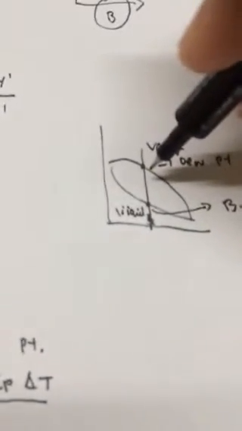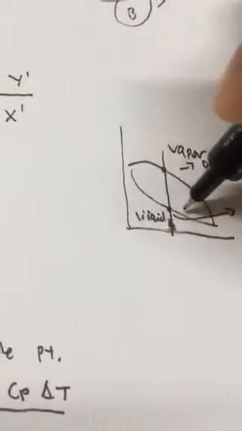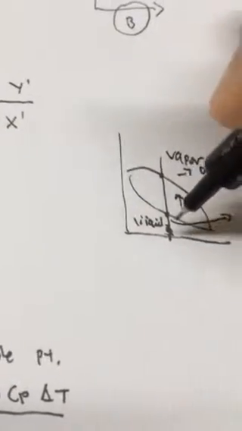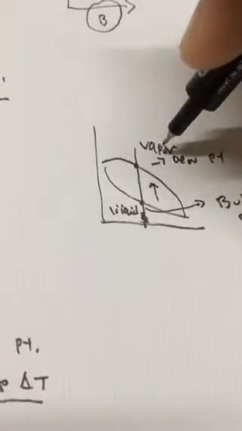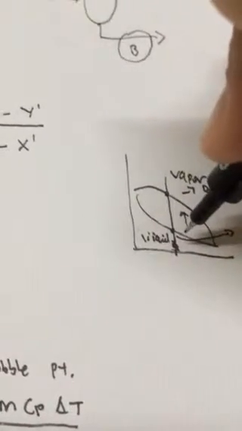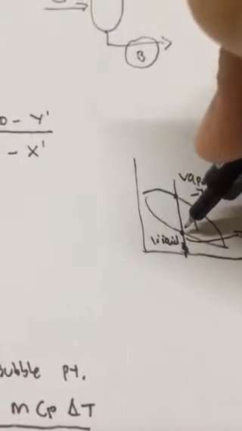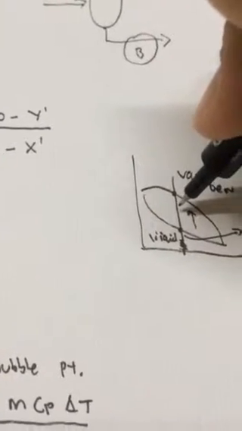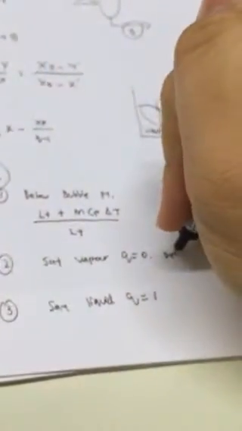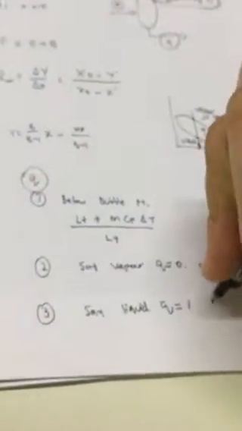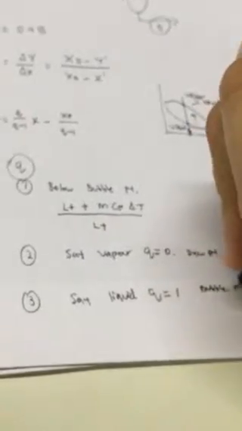This is because, look at this, liquid and vapor. As you increase your latent heat, you start to lose heat, so your vapor is 0 and your liquid is always 1. As you move up, you lose heat, so your Q equals 0. This is your dew point, this is your bubble point.